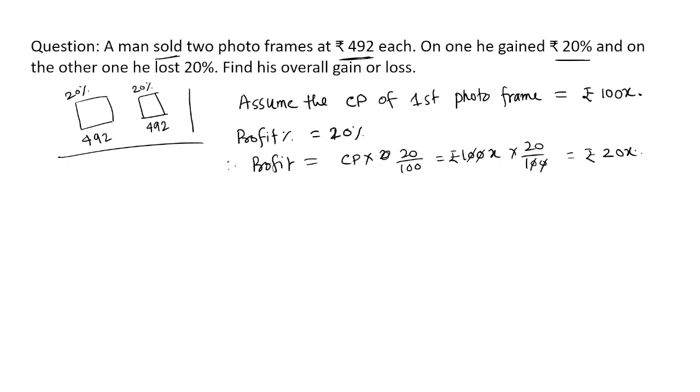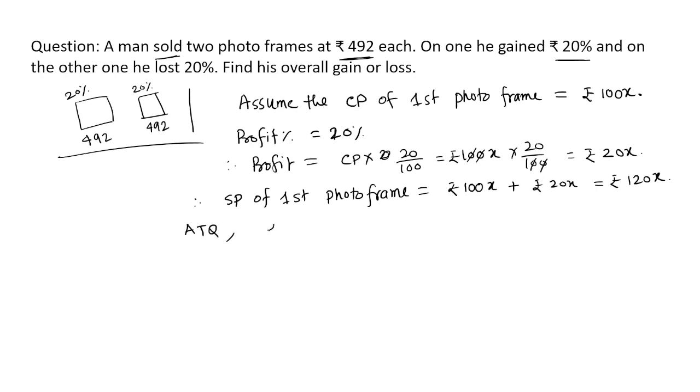So he gets 20x extra. Therefore the SP of the first photo frame equals 100x, the CP, plus the profit 20x, which is 120x. But according to the question this is 492. So rupees 120x equals rupees 492.